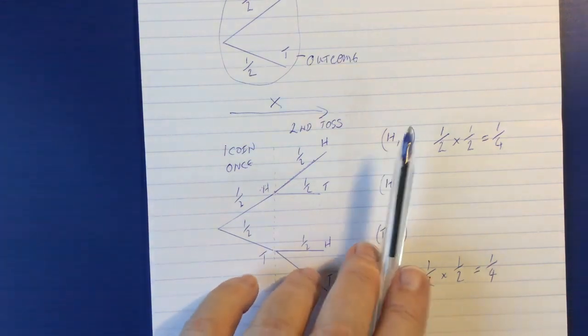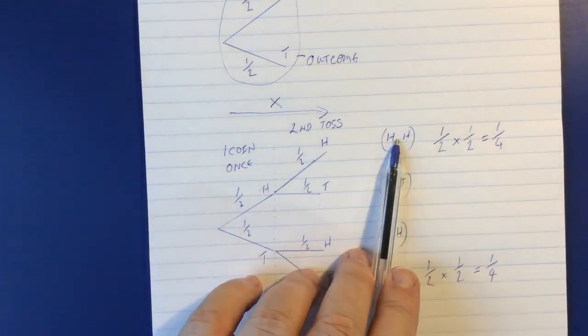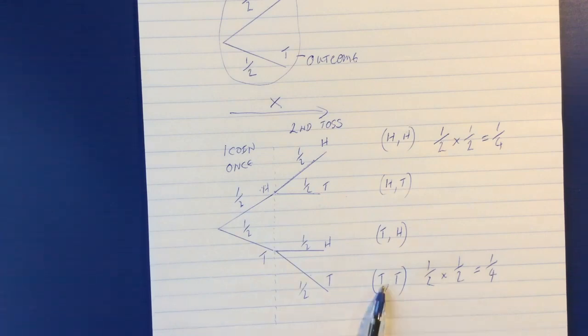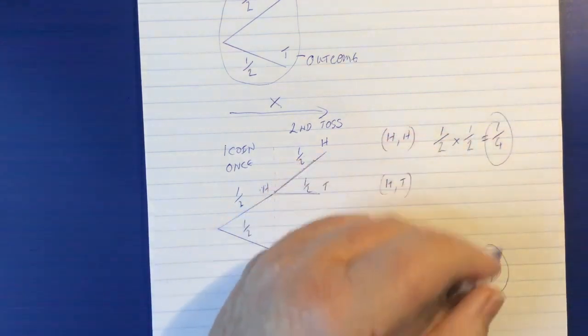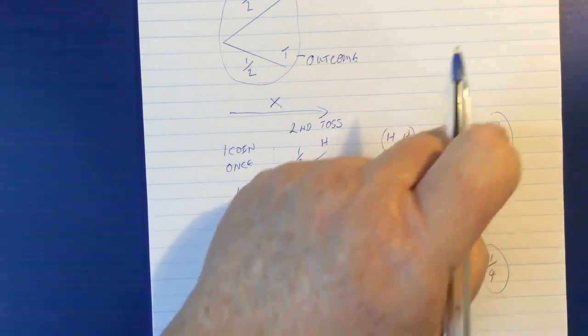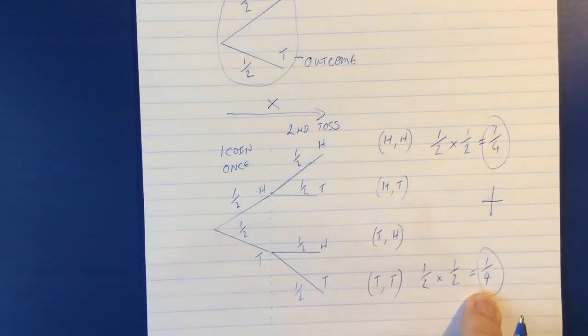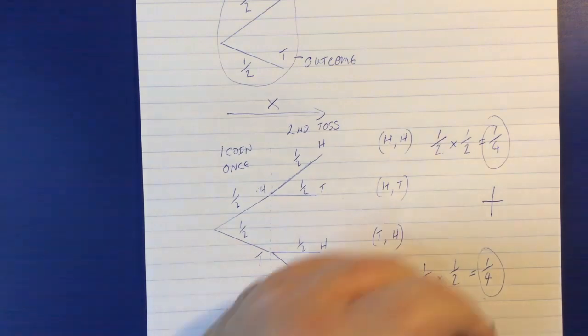But we want to know what the chances of getting either this or this would be. And in order to calculate that, we add these 2 probabilities. And so the chances of getting 2 heads or 2 tails is 1/2.